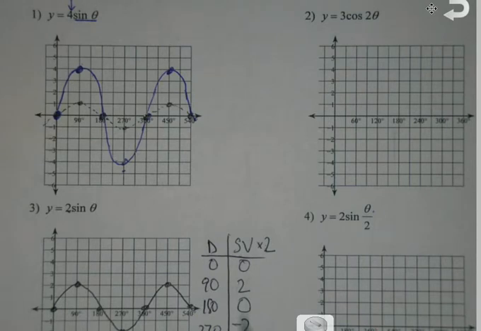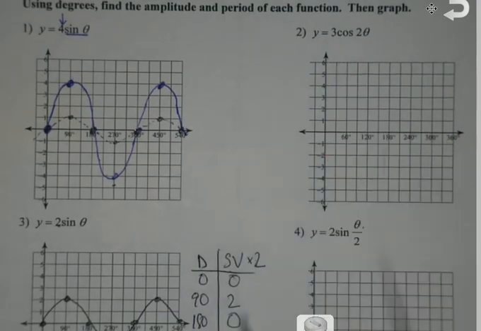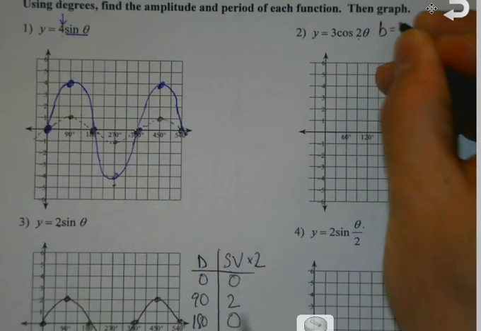Now, other things can change though. And those are some things that I have to be cautious of. So for instance, let's say we look at number 2. Now, I notice it's cosine now instead of sine. I notice there's a number in front, okay. But here's what changes this time. My B value is 2.